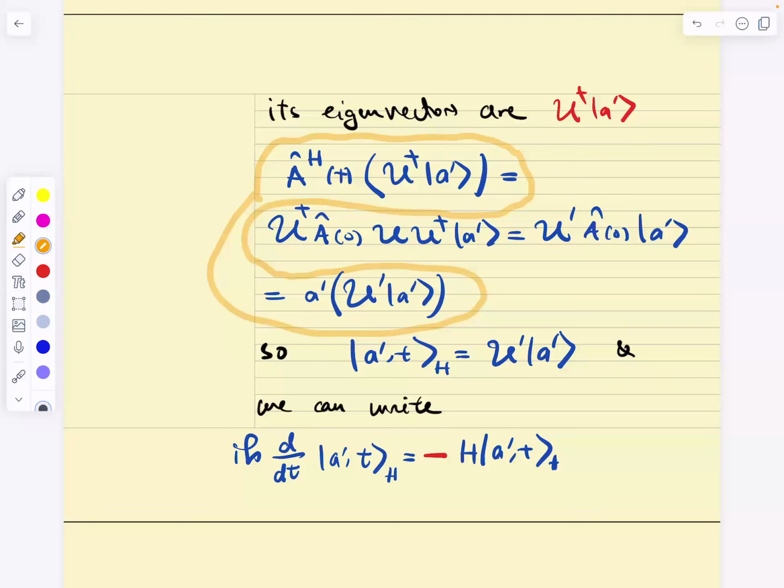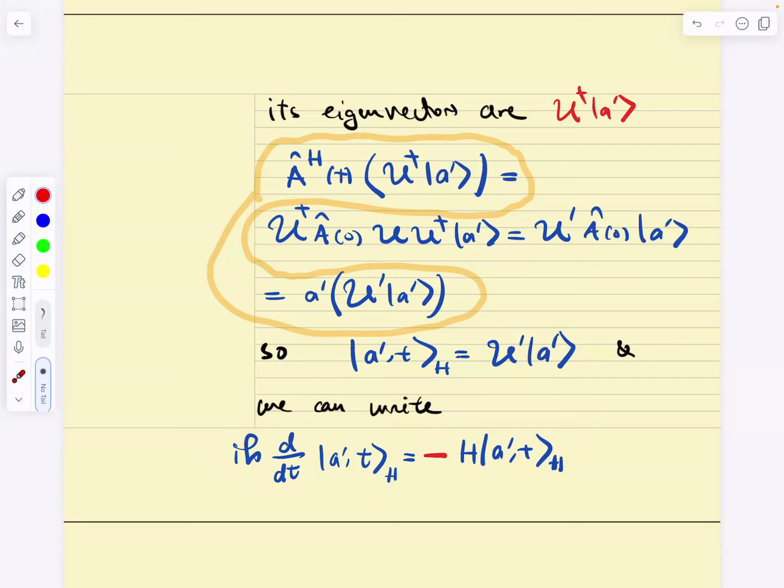The confusing part, I don't think it's confusing, but if it's the first time you see it, you might find it confusing, is that if you take this eigen operator, you could take a time derivative of it, and you find that it satisfies the Schrodinger equation with an extra minus sign. But I don't think that you need to worry much about this fact.